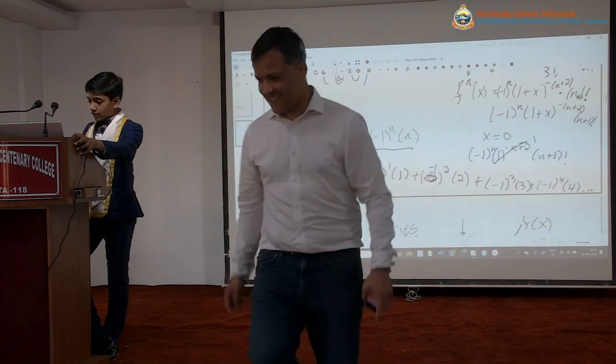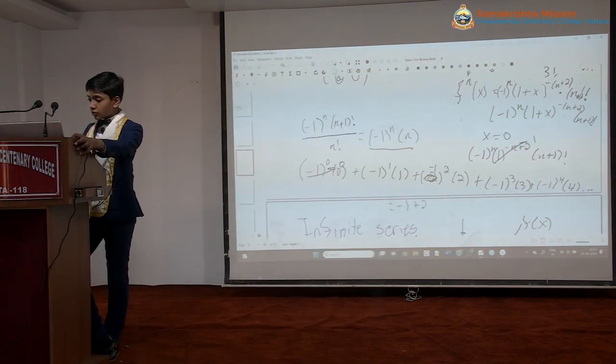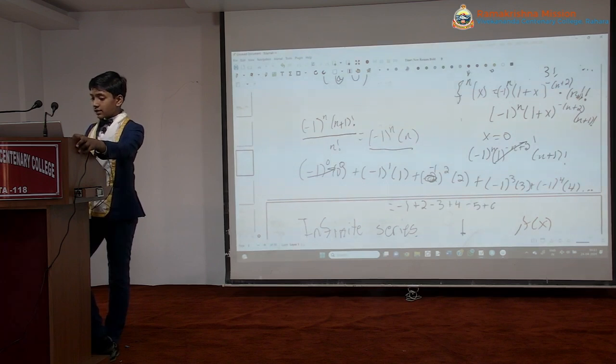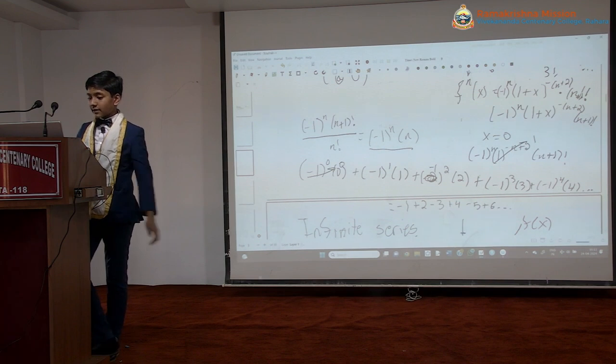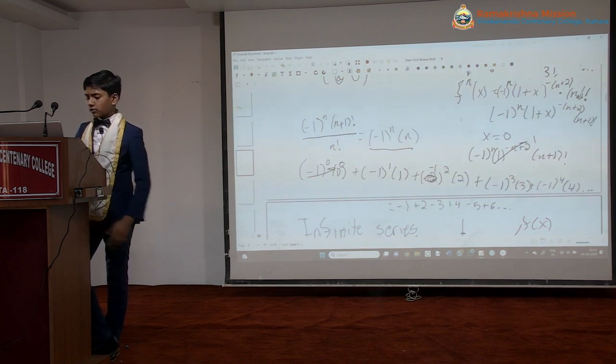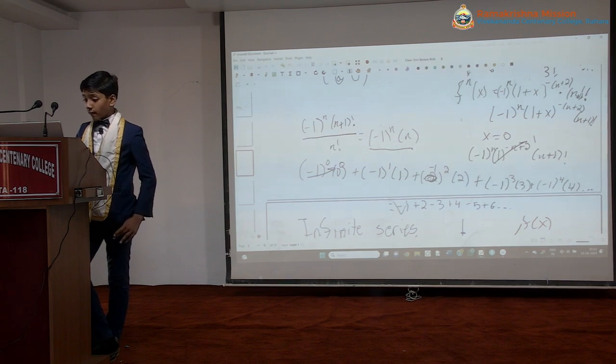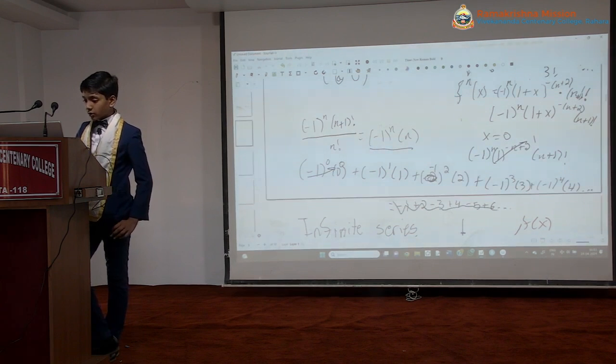Which gives us minus 1 plus 2 minus 3 plus 4 minus 5 plus 6, etc. Almost exactly what we were looking for. Wait a second. Oh, right. We also have to include the x's. I forgot about that.